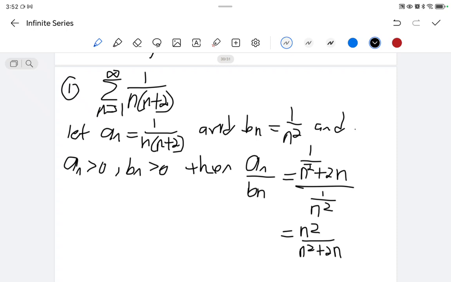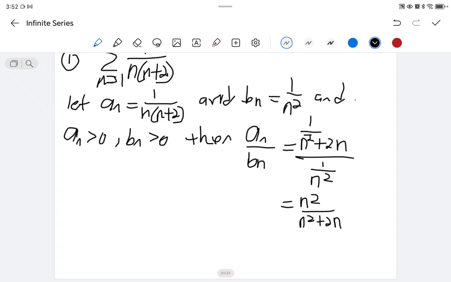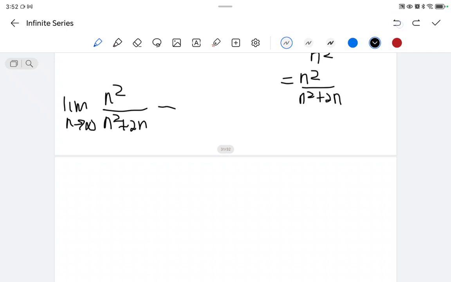If we get this, we're going to compute its limit. And what will be the limit for this? 1, right? But let me show you how we got this one.